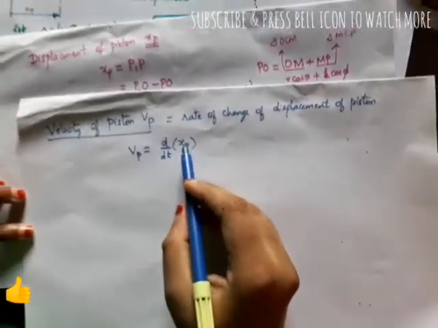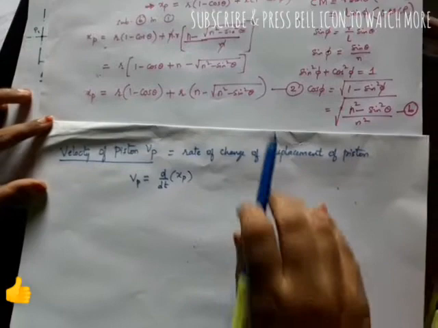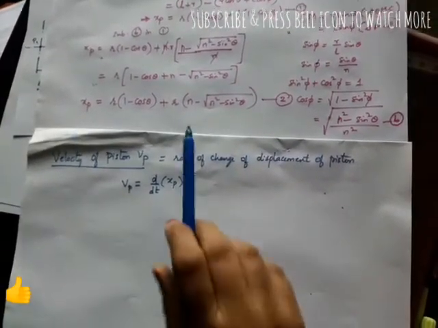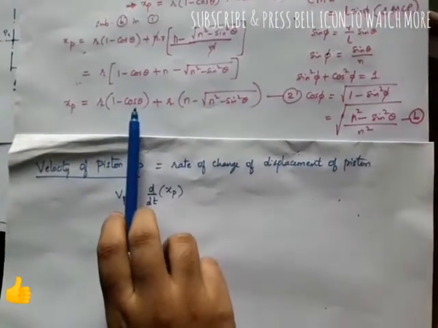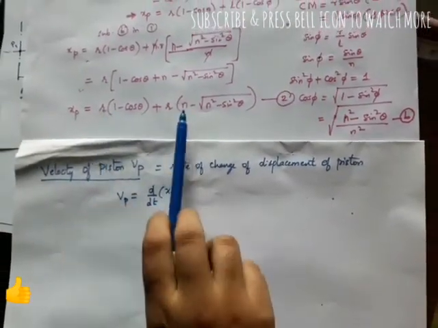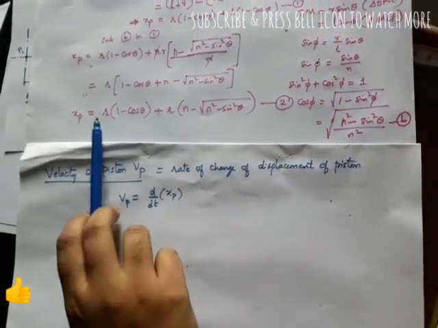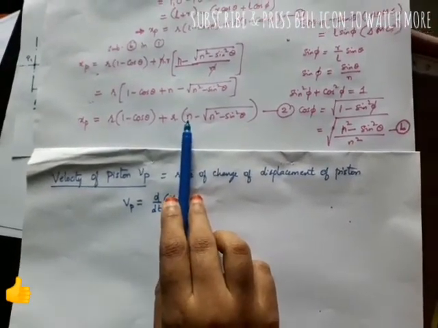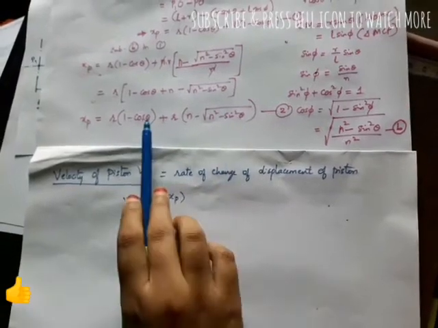Now dxp by dt, if you go to equation number 2 where we have found xp, you can see easily that it is in terms of theta. r and n are constant. The length of crank is constant and n is nothing but L by R. L is also constant. The only variable is theta.